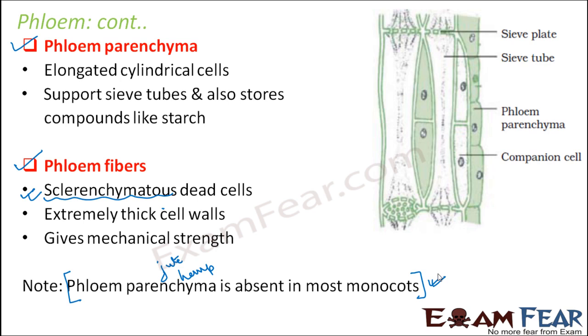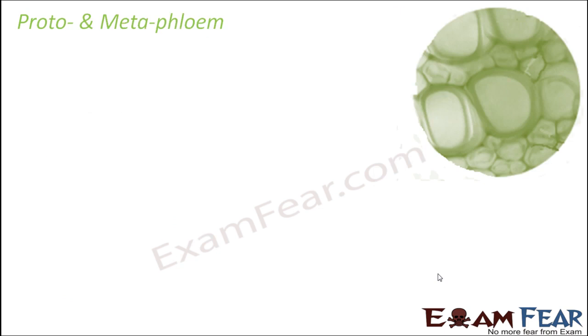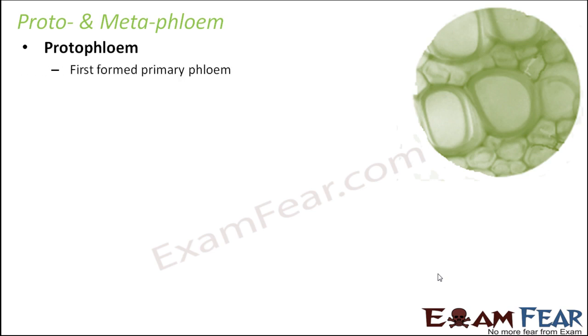So this is about the elements of phloem. Now the way we talked about protoxylem and metaxylem, in a similar way we will now talk about protophloem and metaphloem. So protophloem is the first formed primary phloem.